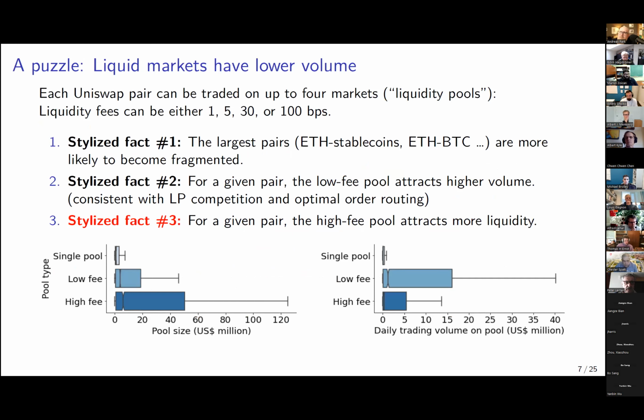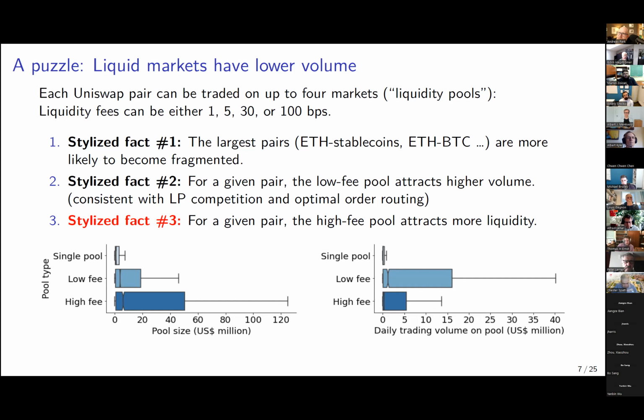So before I go into the model, I just want to show you the main puzzle that made us think more about these clientele effects. We saw that Uniswap is the leading decentralized exchange. And on the most recent iteration of Uniswap, you can trade each pair, like Ether against, I don't know, USDT or USDC, on up to 4 different independent markets, which are called liquidity pools.